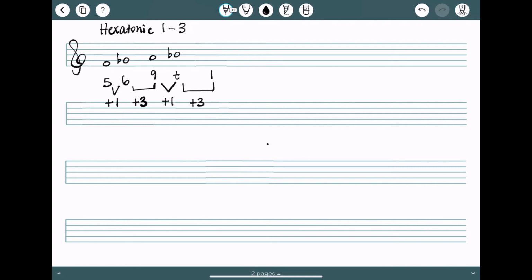Pitch class integer 1 is D flat. And we're nearly done now. Just 1 more semitone gets us to 2. That's D natural. And if we kept going with another interval of 3 semitones, that would make it up to 5, which is F again.